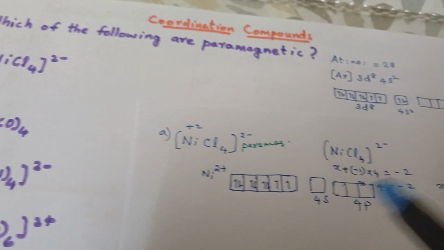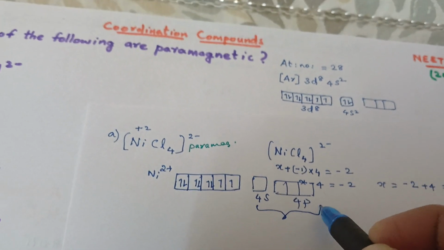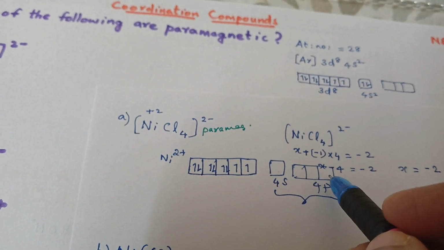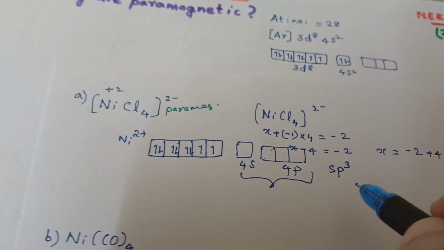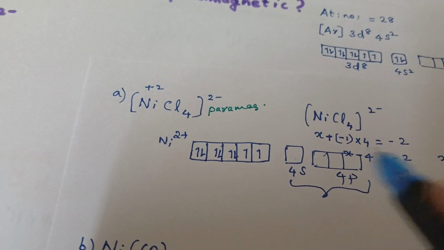And these 4 positions, 4s and the three 4p, will be occupied by the chloride ligands. So it will have sp3 hybridization, or sp3 geometry.